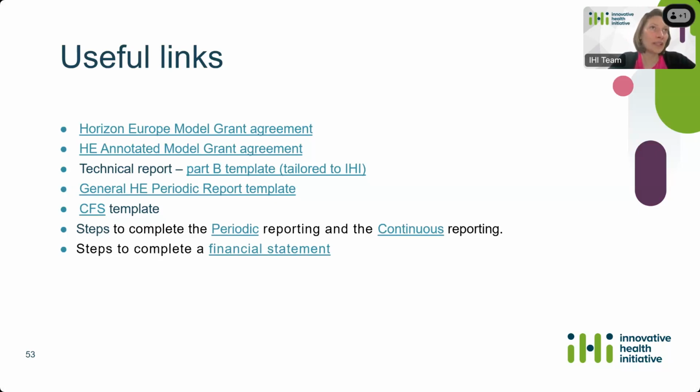You have the link here, but it's also available on the IHI website. And the CFS template, we will provide you also the link to the CFS template as soon as it is available. And then here are some useful links as well for you to follow the step-by-steps to complete the different reporting, financial statement and different modules.